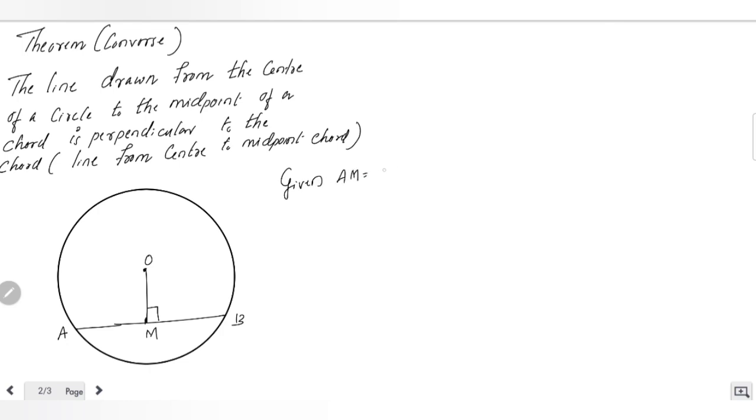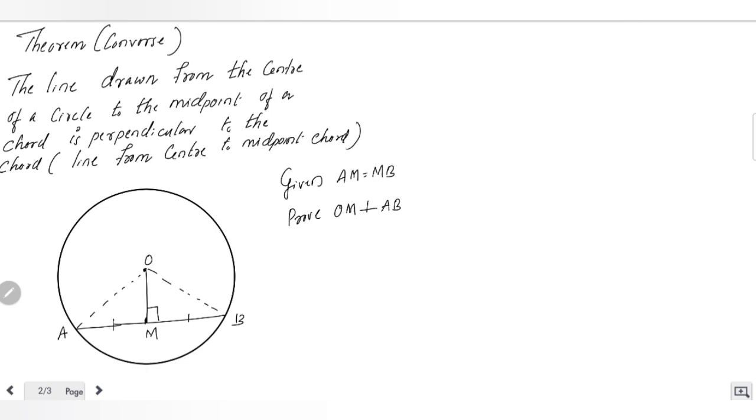AM is equal to MB. That is, M is the midpoint of the chord, isn't it? So AM is equal to MB. And what do you have to prove? Proof: OM is perpendicular to AB, the opposite of the previous one. So here also the construction part is to join OA and OB, like this, OA and OB.